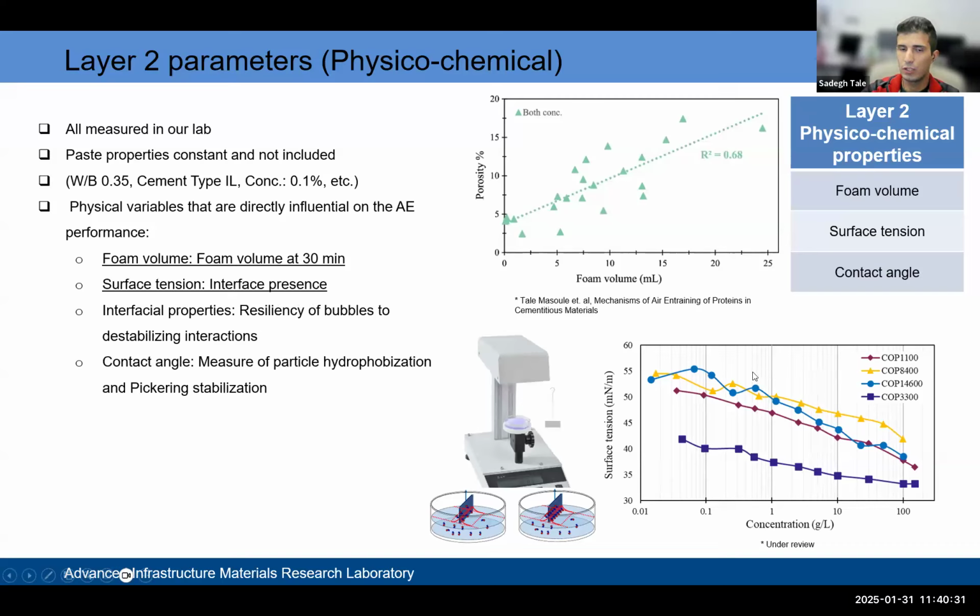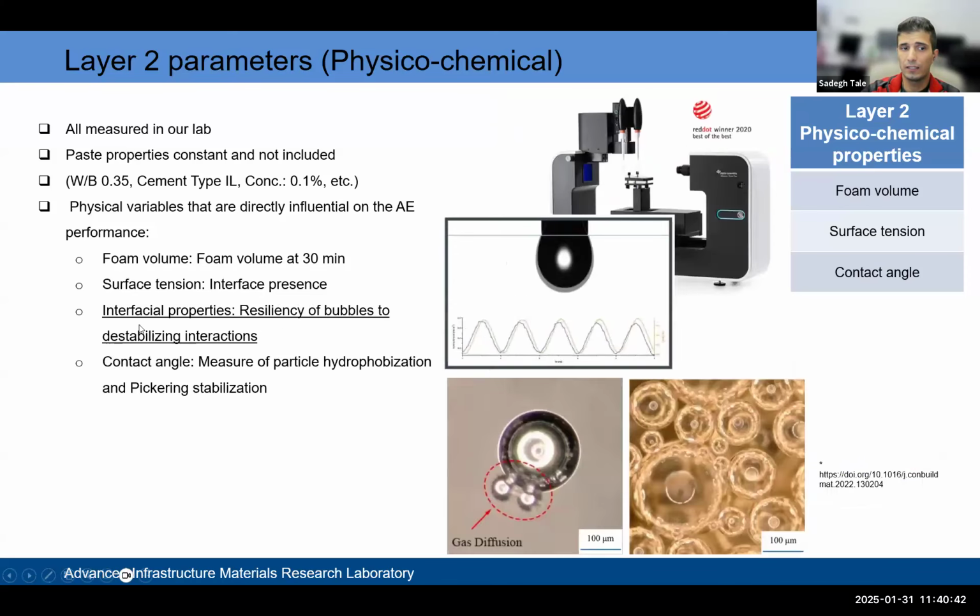We also have surface tension, which is known in literature to be a very important parameter in terms of air entraining. We also looked at the interfacial properties. So when these surfactants go into the air-water interface, they can give some viscous and elastic properties to these interfaces.